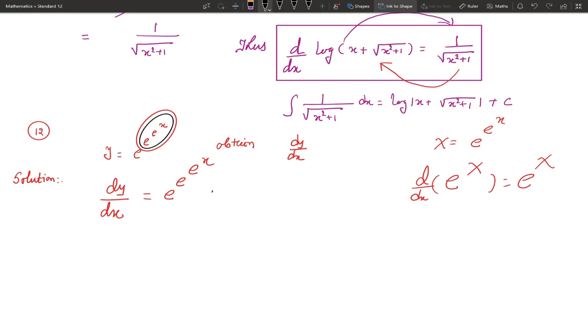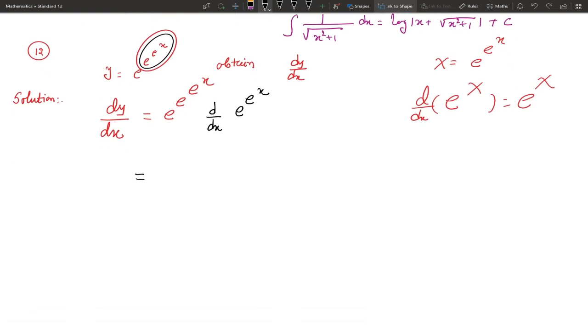So by chain rule, d by dx of e raised to x. Now this one as it is, e raised to.